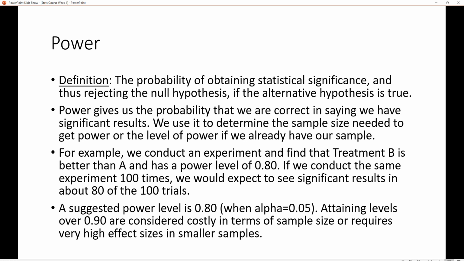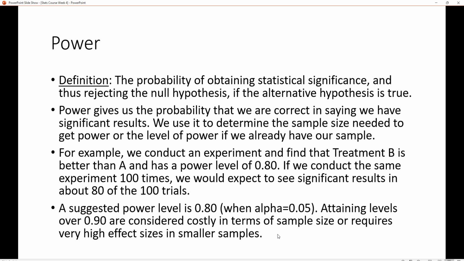The suggested power level is 0.80 when we use an alpha level of 0.05. Attaining levels over 0.90 are considered costly in terms of sample size, or it would require very high effect sizes in smaller samples.